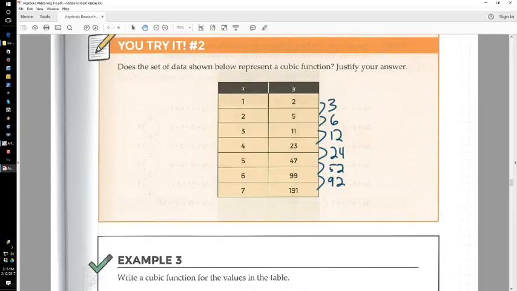And 191 minus 99, I'm doing that in my head, it's 92. Glad I checked it. I'm just making sure I did one of those right. That 52 for a second did not feel correct, but we're good.